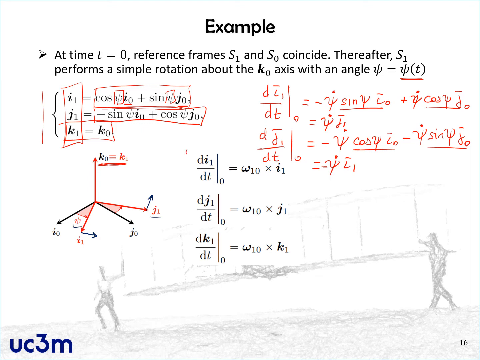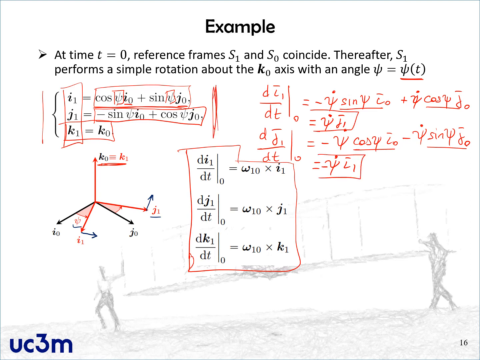So the question is, what is the angular velocity vector in this case? Well, it must also hold that these expressions can be used to compute the derivatives of the vectors of the basis. Okay. So let us try to see if we can propose a valid angular velocity vector that gives us these results without having to take derivatives in the change of vector expressions. The answer is yes, of course.